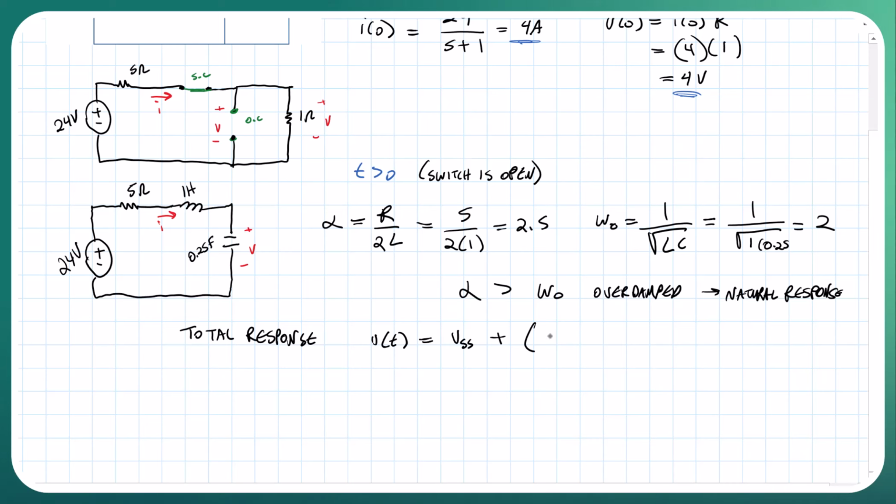Okay, so it's going to be A1 e to the minus t plus A2 e to the minus 4t.